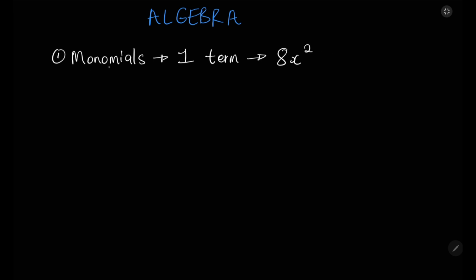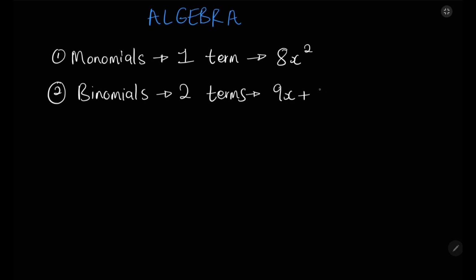This is a monomial, okay? Number two, we have binomials. Binomials have two terms. This could be 9x plus 6y. These are binomials. They have two terms.